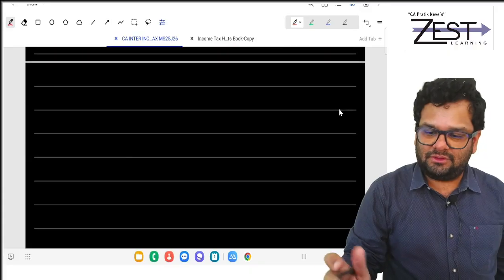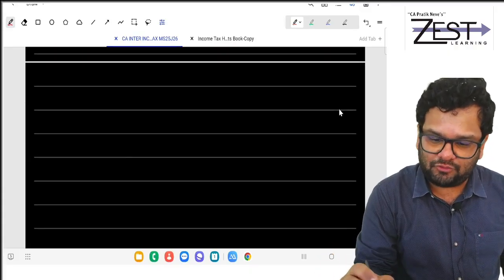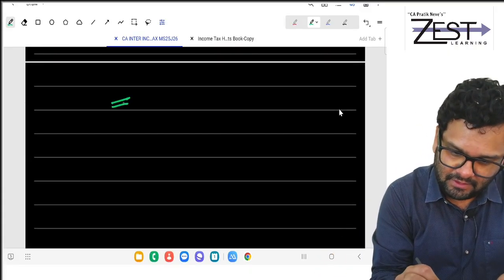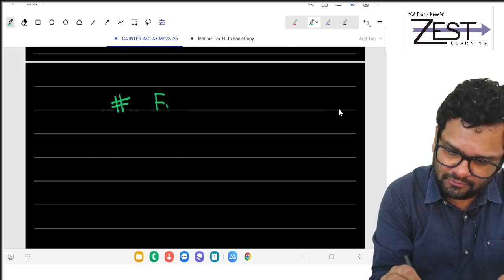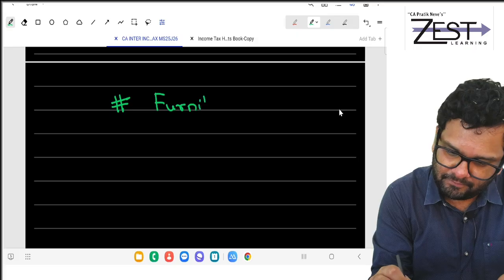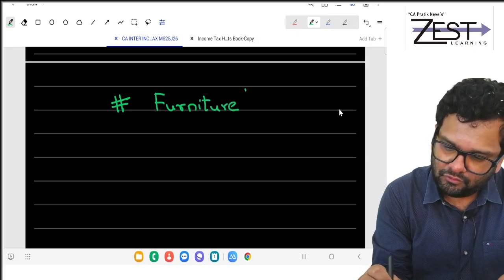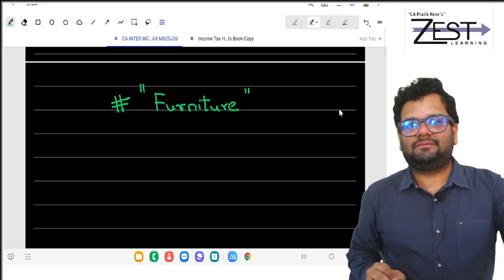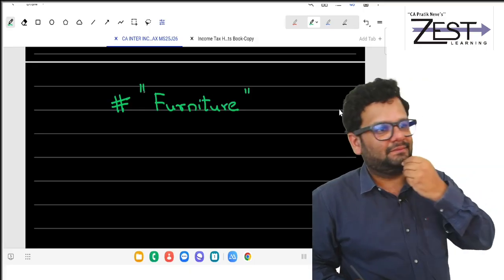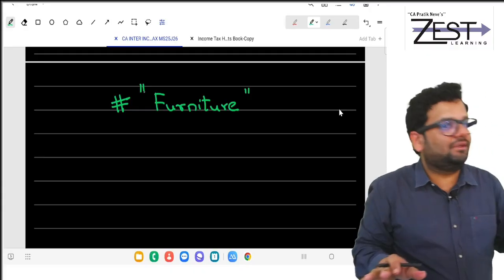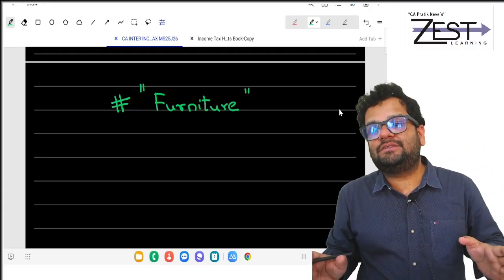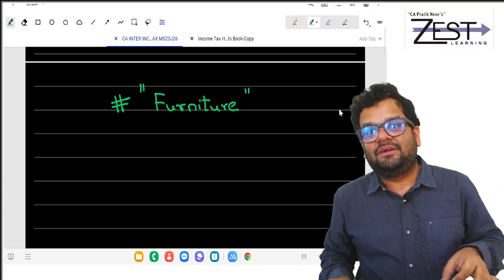Now comes next point, how to do valuation of furniture. How to do valuation of what? Furniture. Furniture means AC. AC also will be furniture actually. Furniture means TV also. Electric items also.